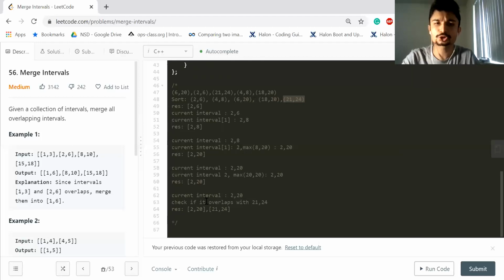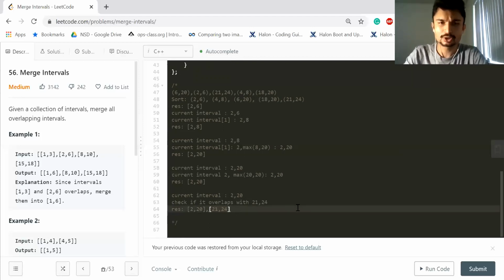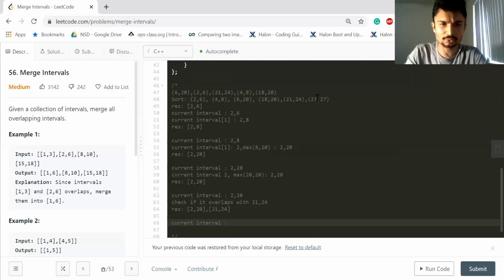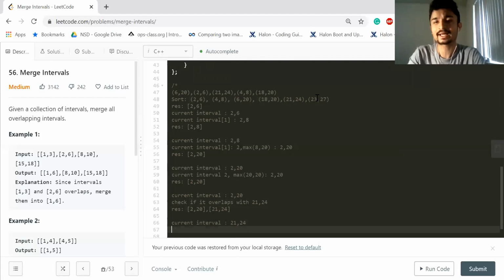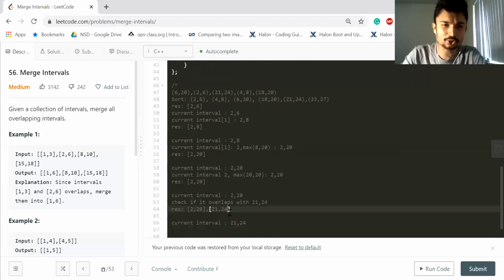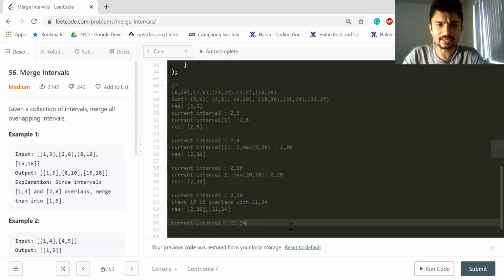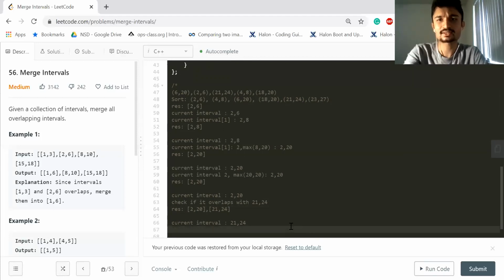So I simply push back into my result, and in the next iteration the current interval should be 21 comma 24. If tomorrow, let's say, I add a 23 comma 27, then in the next iteration the current interval would be 21 comma 24, which is the back of this particular array, and the iteration that I am on is 23 comma 27.